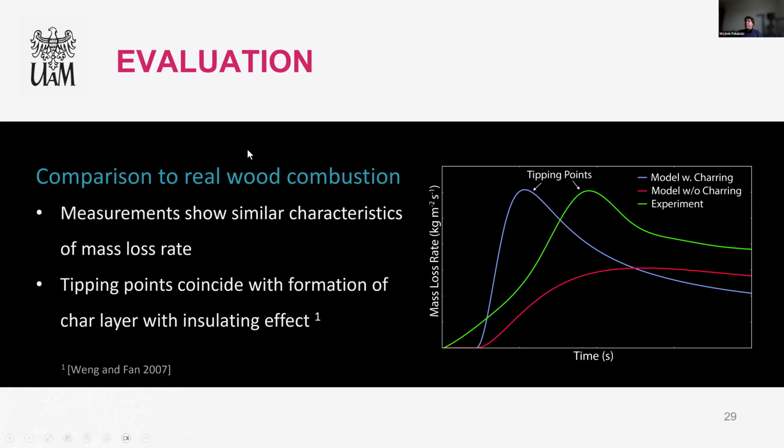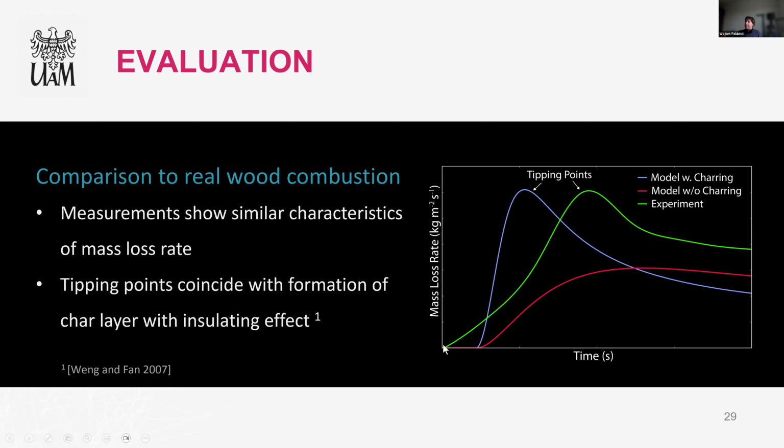We also compared it quantitatively to mass loss rates measured for real wood samples. So here we have the experimental curve of the mass loss rate of a wood sample.